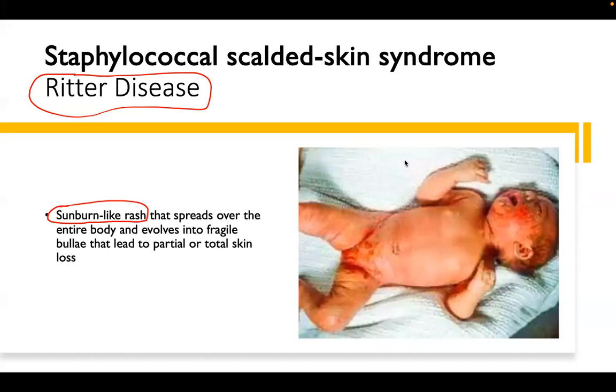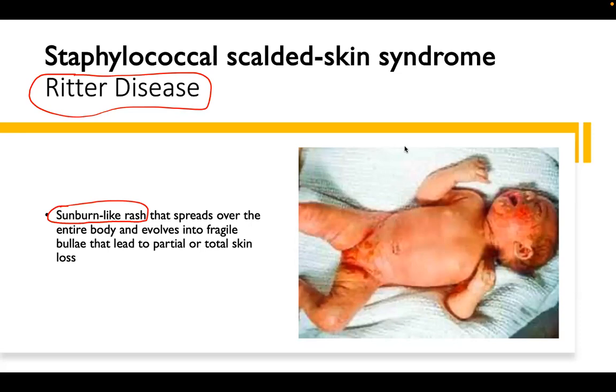Now, question. What is the name of the disease, which is also known as Lyell's disease? What is the other name of Lyell's disease? Okay, very good. It's toxic epidermal necrolysis.